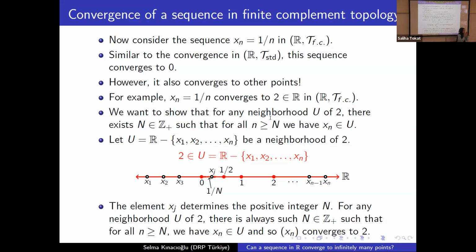Let us consider a point between 0 and 2, which is x_j. The element x_j determines the positive integer n, which means that I can get closer and closer. But in this open set, it's not possible here.